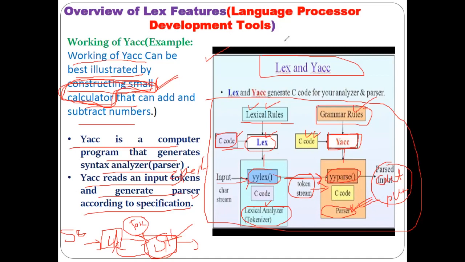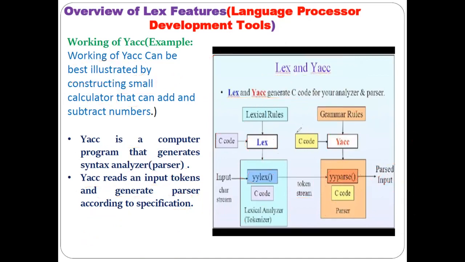One thing you should keep in mind here: in order to generate the syntax analyzer phase, the parser, we need to also generate the lexical analyzer so that it can generate the tokens and send them to the parser. This is the most important thing you need to understand. Each phase depends on one another.